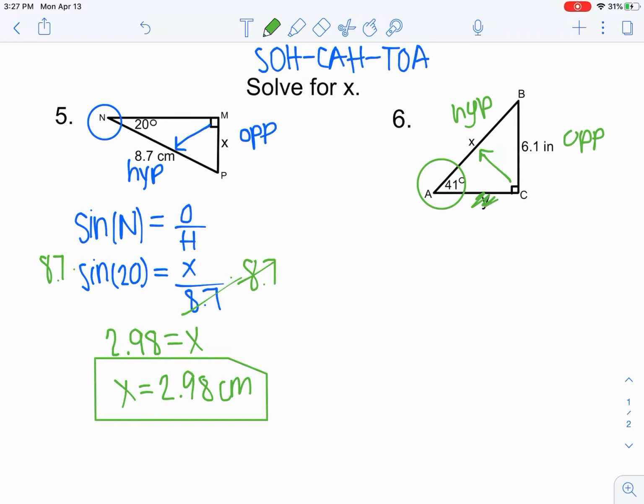We don't need to worry about that side at all. So if we are working with our hypotenuse and our opposite side, again we are going to use the sine function. So I can say that the sine of angle A equals the opposite side divided by the hypotenuse. So if we substitute in what we know, we have sine of 41 equals 6.1 over x.